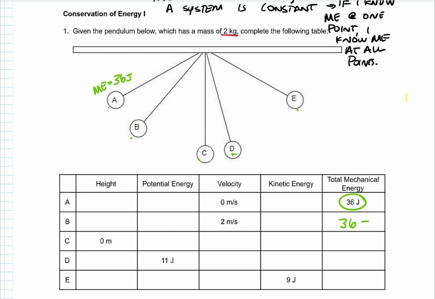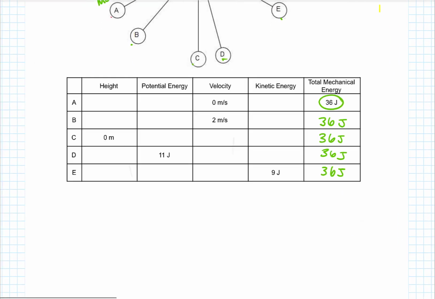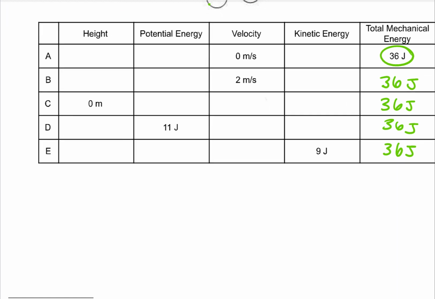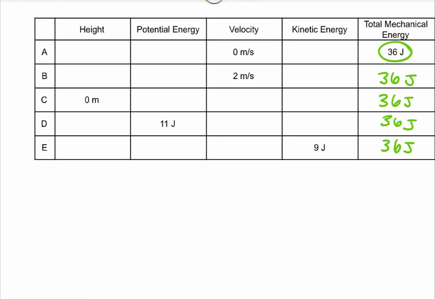So for every single point, the total mechanical energy is 36 joules. That's what it means for the energy to be conserved. So once I know that, I can fill out the height, potential energy, velocity, and kinetic energy for each bit of motion.